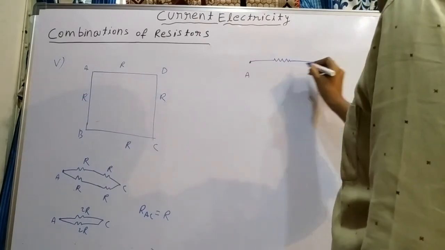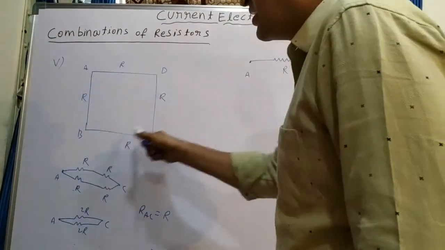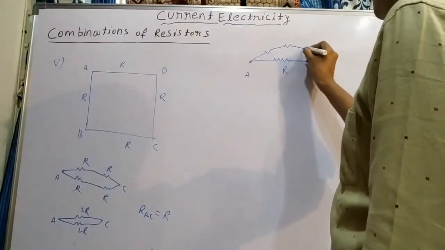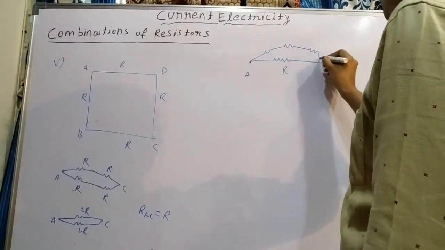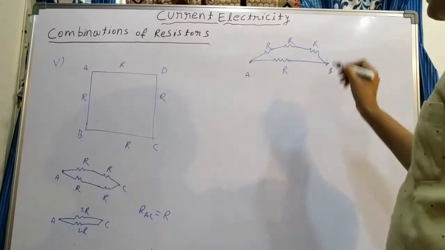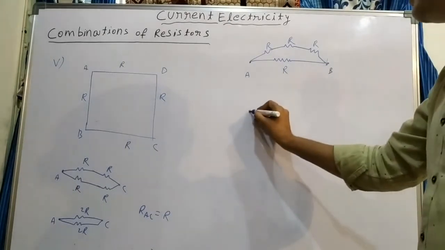That value is R. And between A and B, R plus R plus R, 3R in series, like this we have. From this what do you get? R plus R plus R, 3R we get.